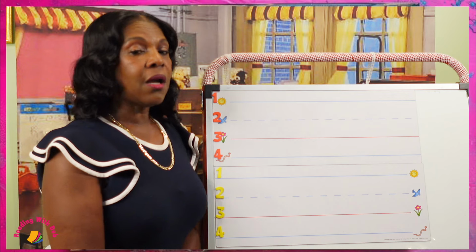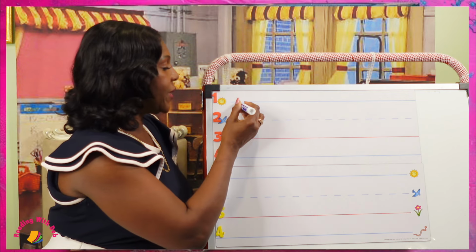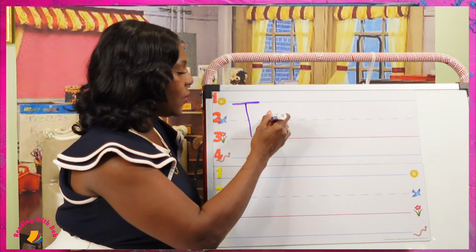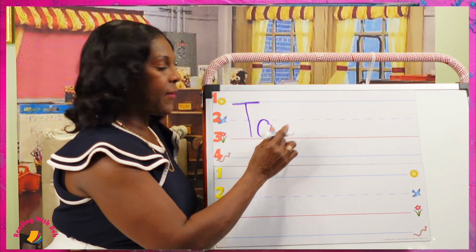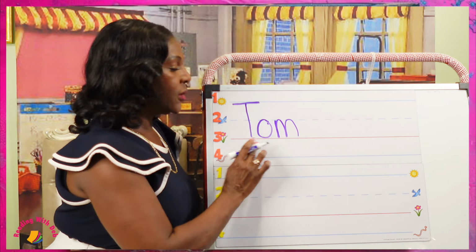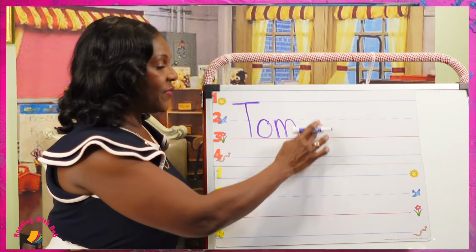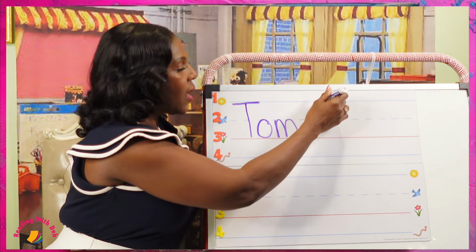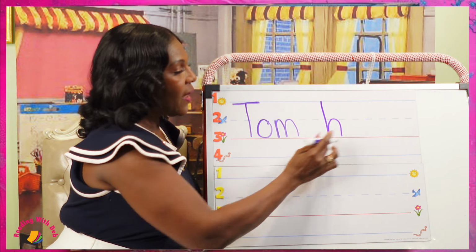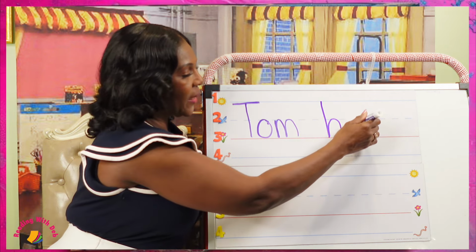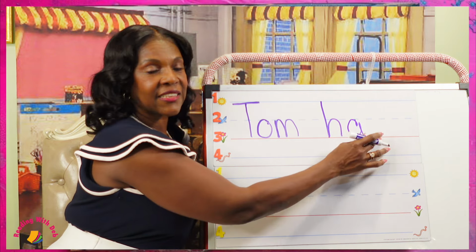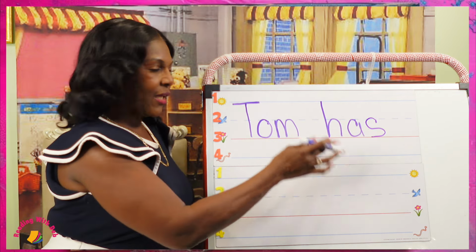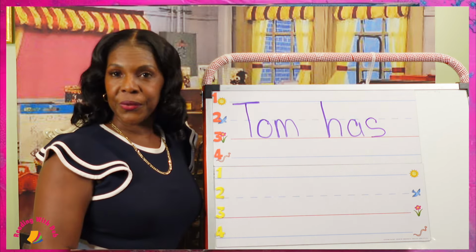Okay? Tom is the first word. You need to start with an uppercase T. That's the O. Tom, M. Tom. Now I want to leave a space. Tom has. That's the H. That's the A. Has. That's the S. Tom has. I always like to go back and read before I add the next word, okay?